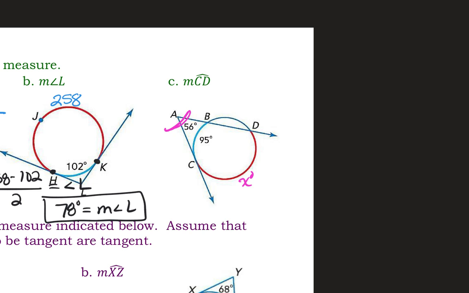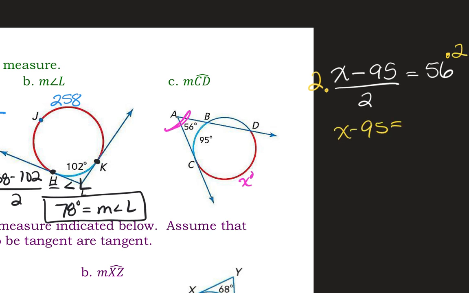So it's the same steps. You take the major arc minus the minor arc, divided by 2, gives us 56. All right, just working backwards. So what's our first step? Multiply by 2. So we get x minus 95 is equal to 112. Good.